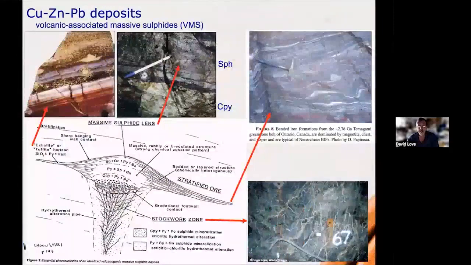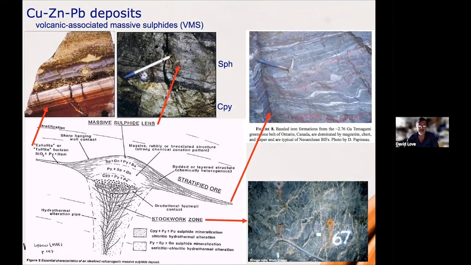In terms of their shape, we remember from the graph that I showed you a few slides ago that they're smaller but richer than porphyry copper or stratiform copper deposits. They're generally lens-shaped bodies of massive sulfide with some sort of root or fracture zone beneath them, or stockwork zone. Here on the right, we see a stockwork of copper sulfide-bearing veins.